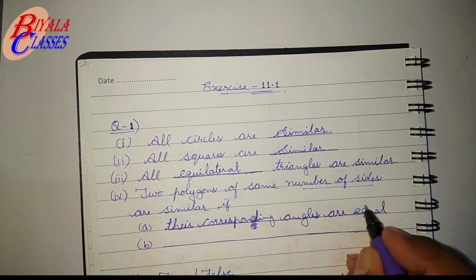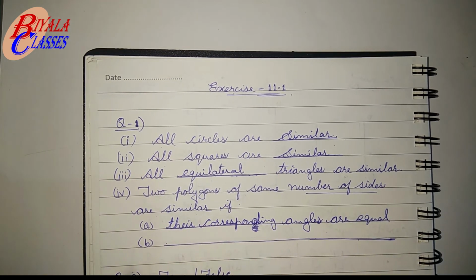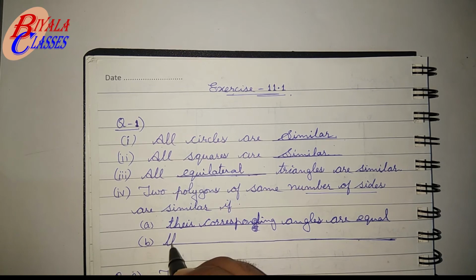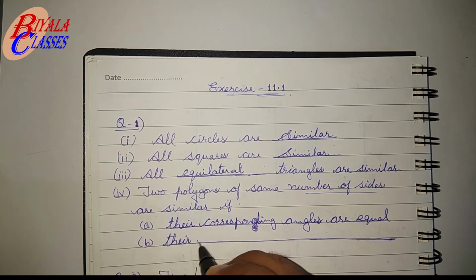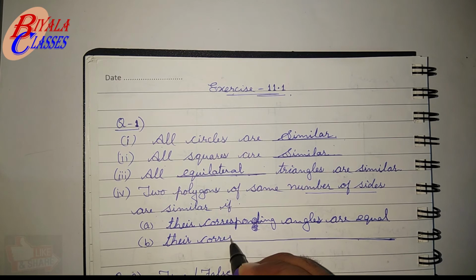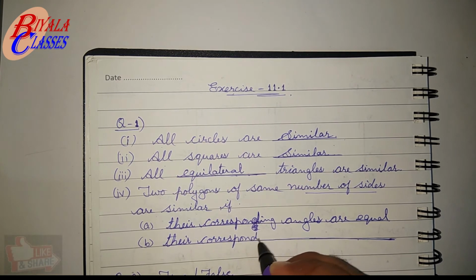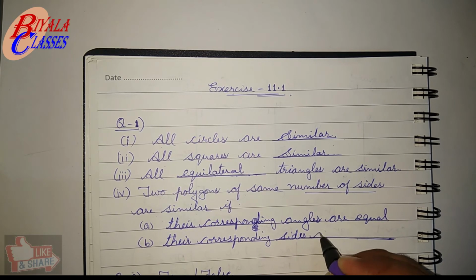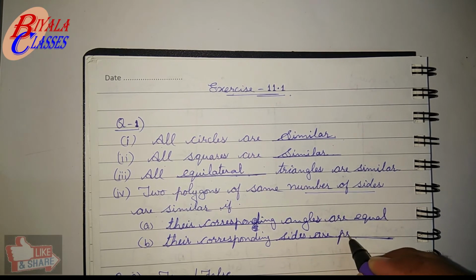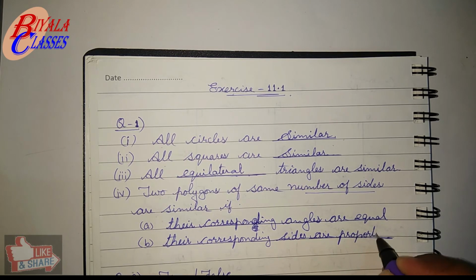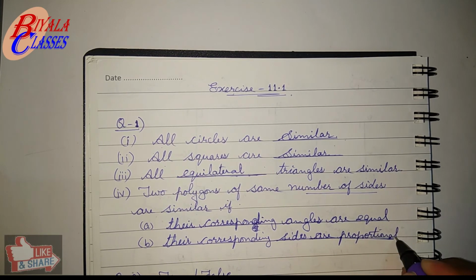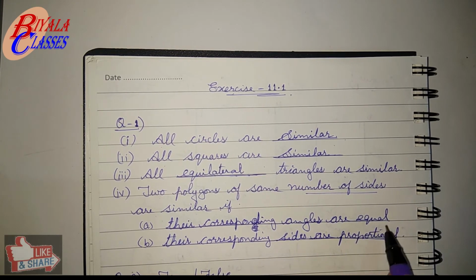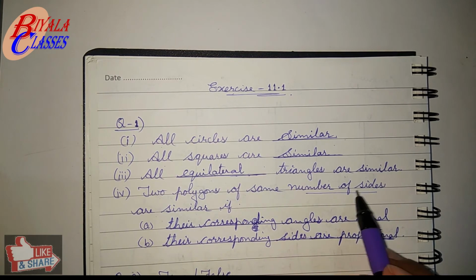If the corresponding angles of the two polygons are equal, then we say that they are similar. Along with this, if their corresponding sides are proportional. If the corresponding sides are proportional, then we say that the two polygons are similar.